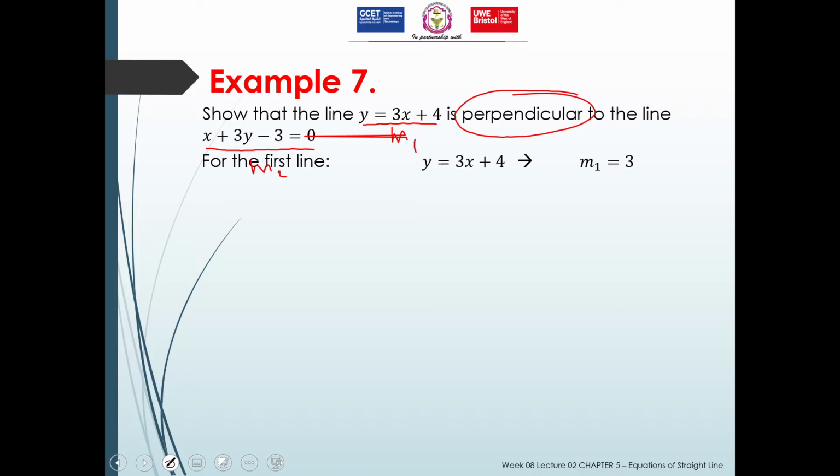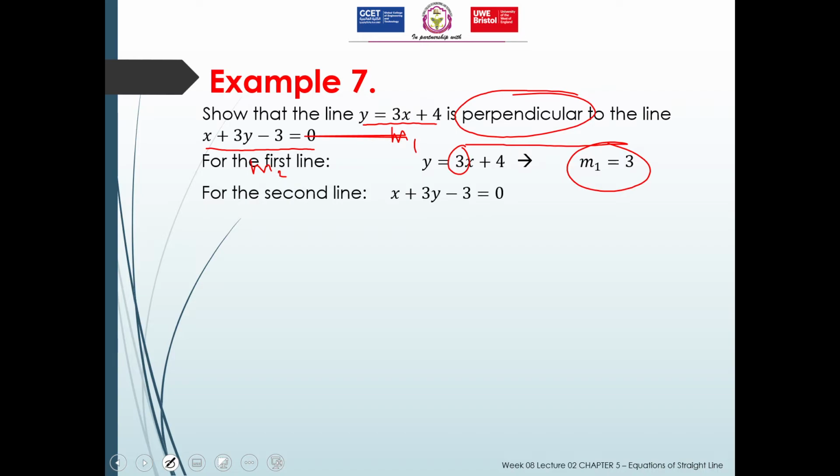Now for the first line, y is equal to 3x plus 4. Because this is already in gradient-intercept form, we have 3 equals your m1. So the gradient of the first line is equal to 3. Now for the second line, this is written in general form.